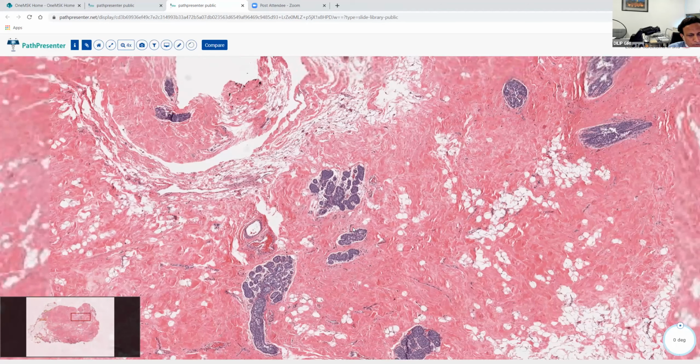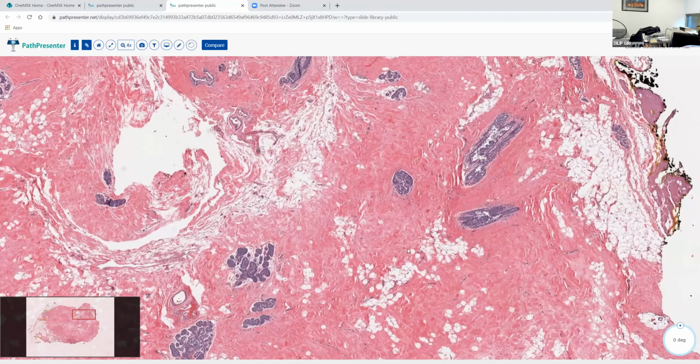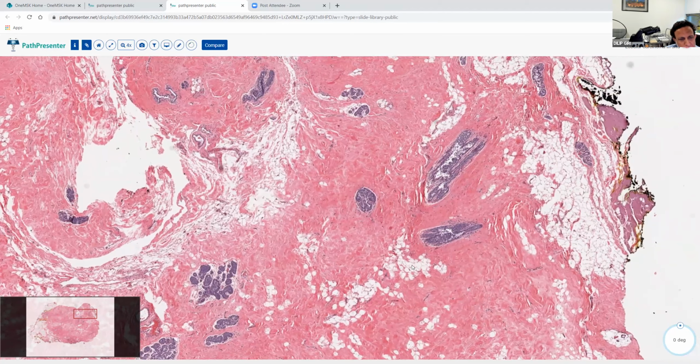Now, while we are talking about LCIS in a core biopsy, it's very important to remember one thing.